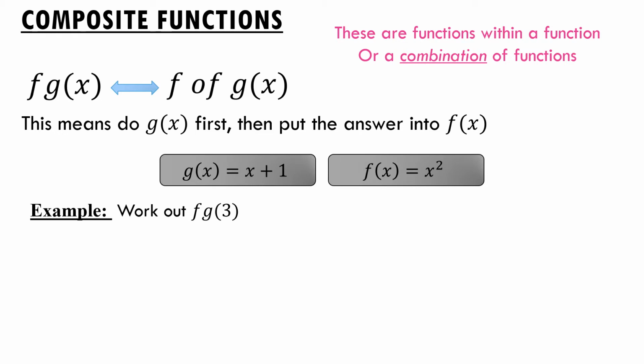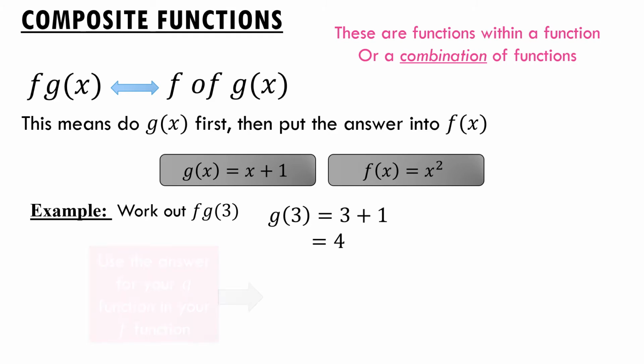The first thing I'm going to work out is g3, because that's the bit inside, and that is going to go into the f. So to do that, I'm going to write g of 3 equals 3 plus 1. I'm using my g of x function here, replacing my x value with 3. So my g3 output is 4.